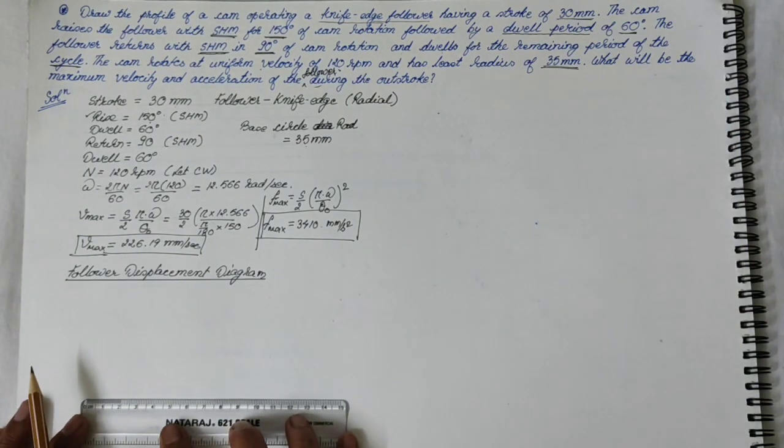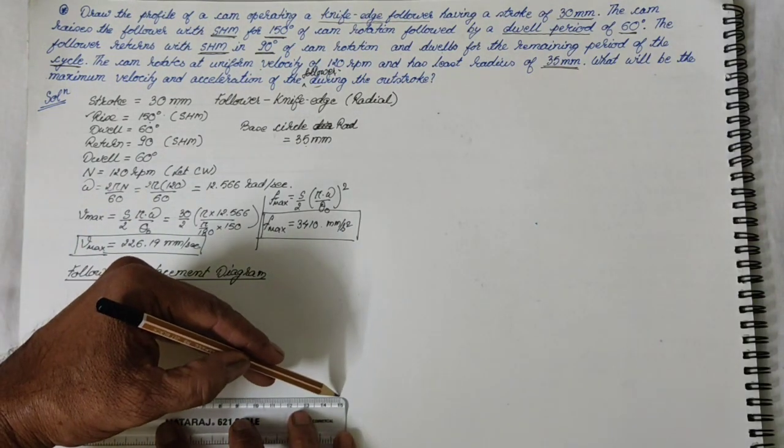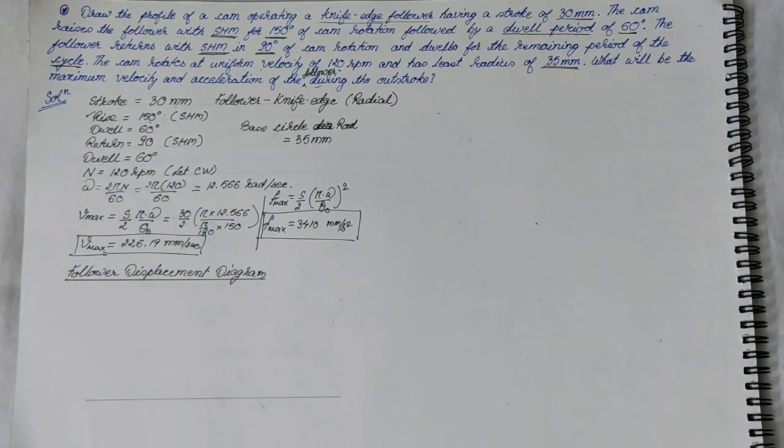So the horizontal line will represent the cam rotation. I mention this as theta in this direction.